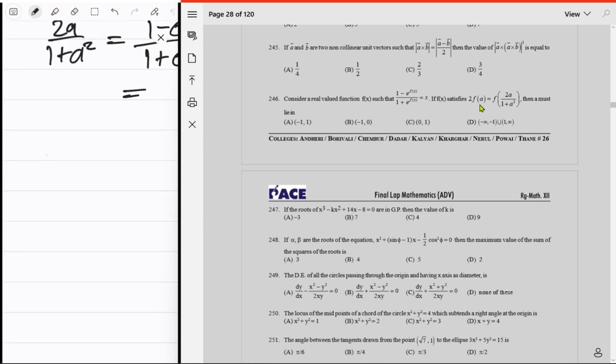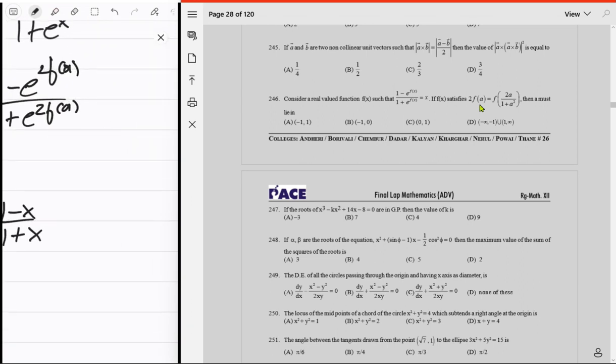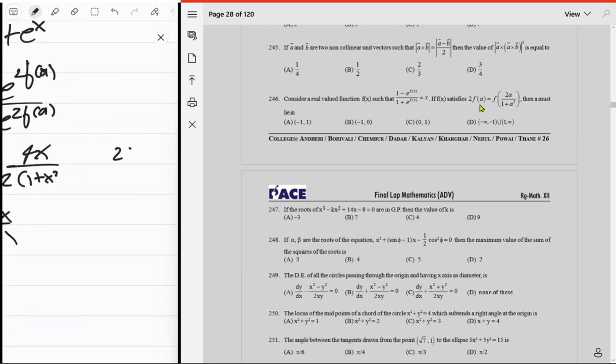So denominator minus numerator is like e power f of x upon denominator plus numerator, which is just 2. This is equal to denominator minus numerator upon denominator plus numerator, which is (1 minus x) over (1 plus x). So this is just 1 minus its square. You see this, (1 plus x) squared minus 1 upon, okay, that dies, just 4x upon 2 times (1 plus x) squared, basically like 2x upon 1 plus x squared.